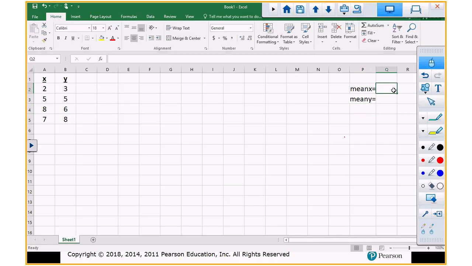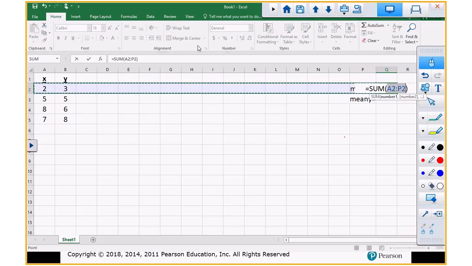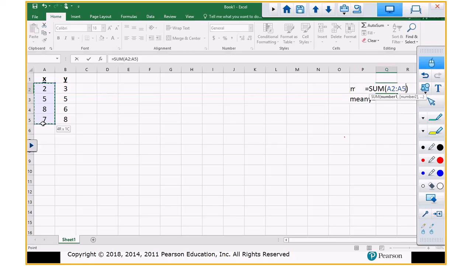So here we go. Summation of these guys divided by what? 4. And then the summation of these guys divided by what? 4. Divided by 4. Now you've got to find the standard deviation for all of those guys.